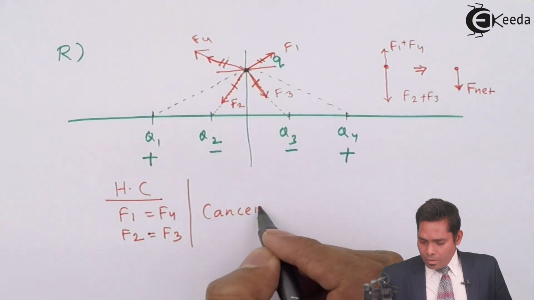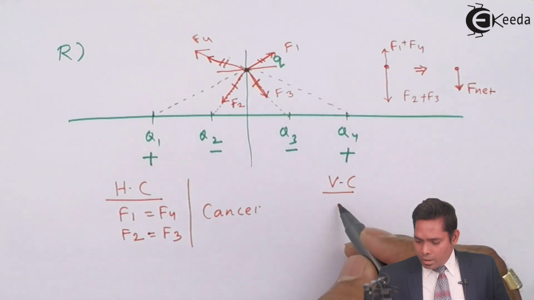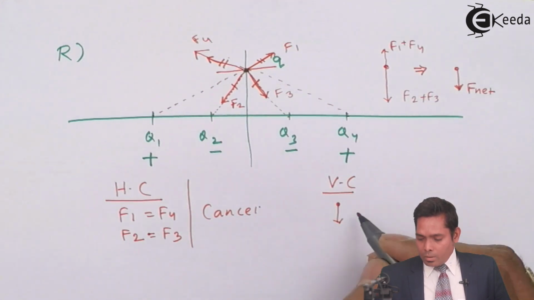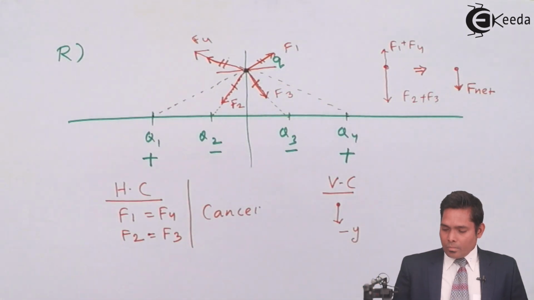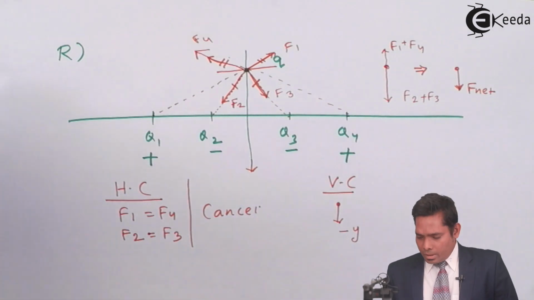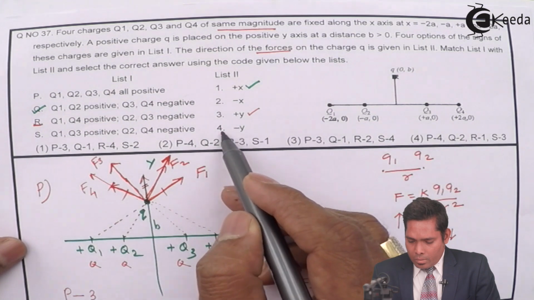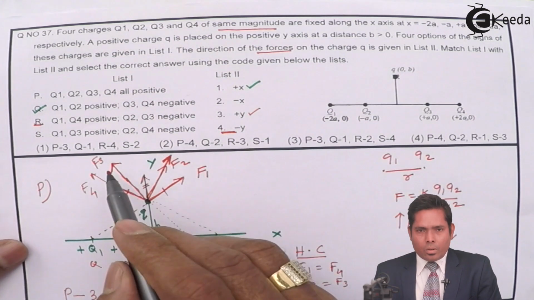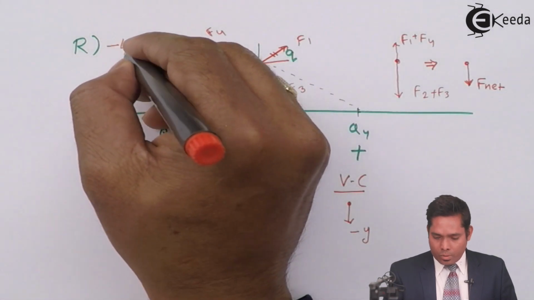And about the vertical component, as I have shown here, the net is downward. So this direction is negative y. So negative y is the answer. So for R, it should be 4.